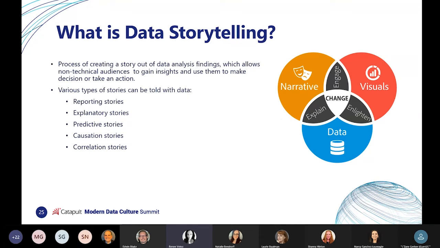Predictive stories, where we're using historical data to look at trends or projections of what we think is going to happen in the future. Causation stories, which are evaluating cause and effect of different elements, and then correlation stories, which talk about how two elements can be correlated, or two activities can be correlated.